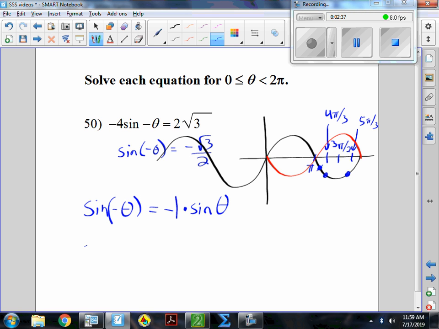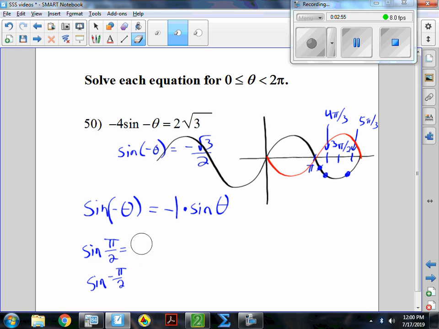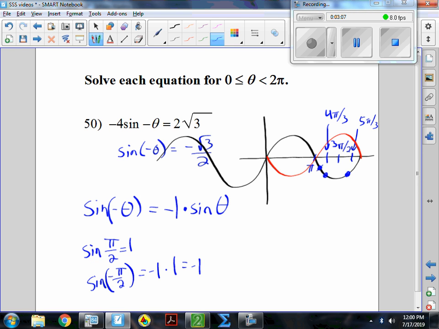For example, sine of pi over 2 is equal to +1. If I did the sine of negative pi over 2, that'd be equal to -1 times the sine of positive pi over 2. So -1 times 1 is -1. We know sine of negative pi over 2 is -1, so that's true.